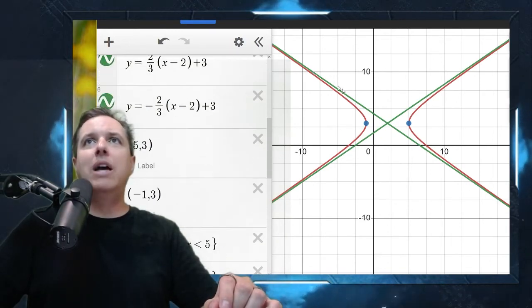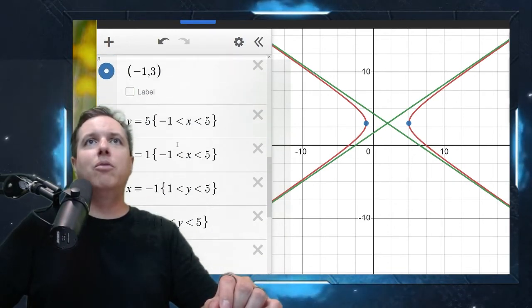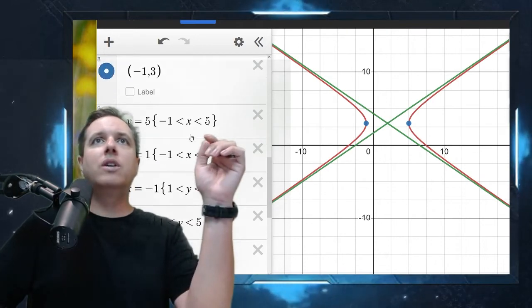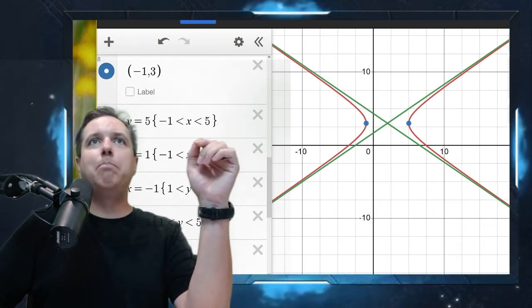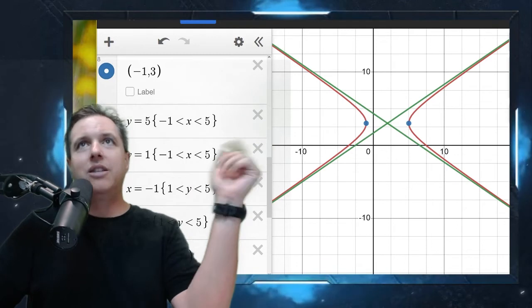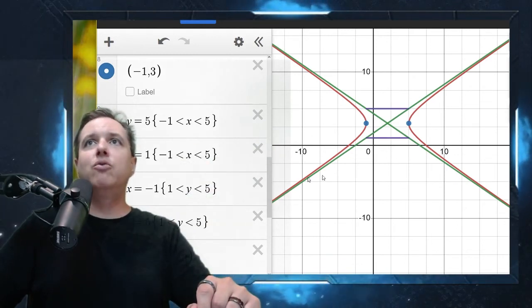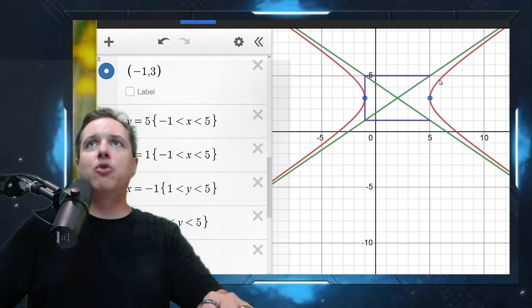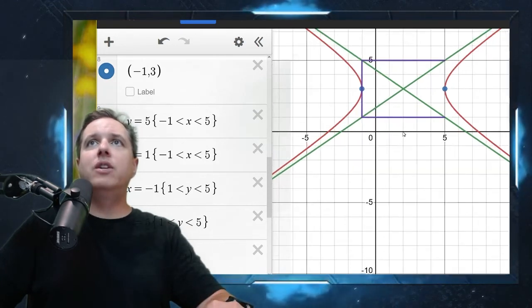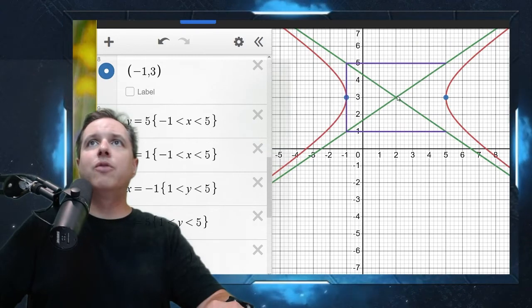So how do we actually go through and graph the hyperbola? Well, you can take those numbers we looked at and create a box. A lot of times this is the method they'll show you: you create a box based on those values 2 and 3. From the center, you go up 2 and down 2.